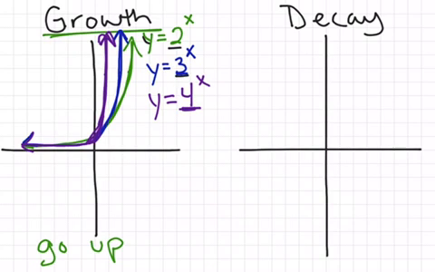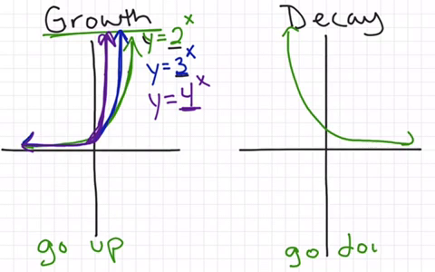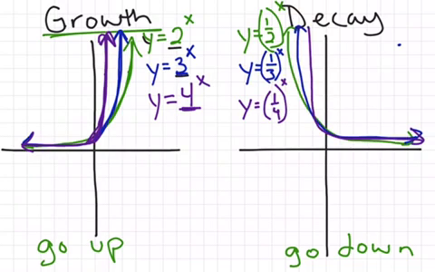Okay? All right. Now, looking at decay, the graph of exponential decay from left to right is going to go down. All right? So this equation might look like 1/2 raised to the x. So here we've got 1/2 raised to the x is the green, 1/3 raised to the x.